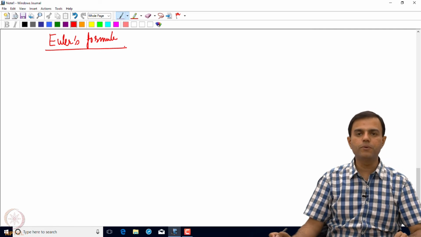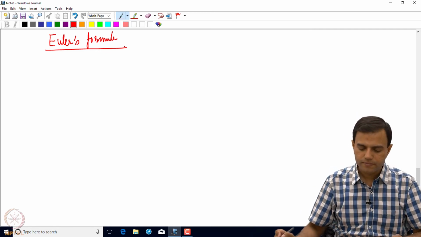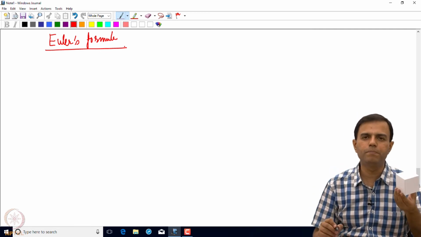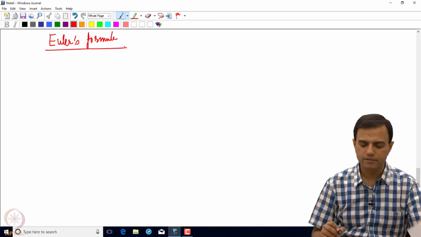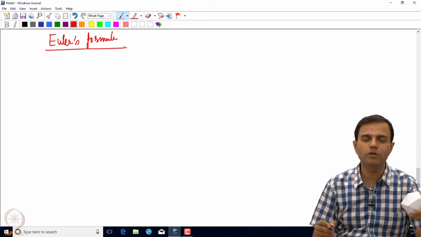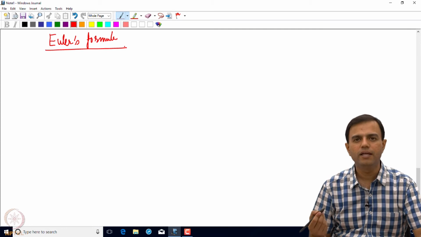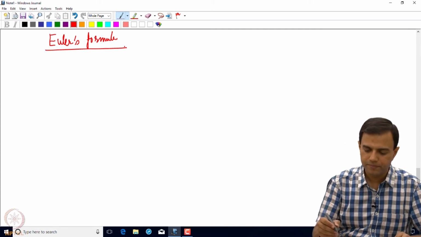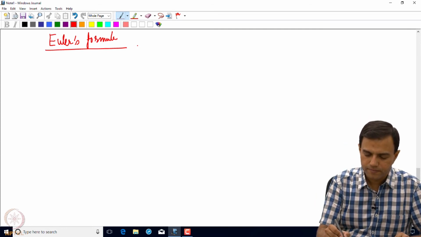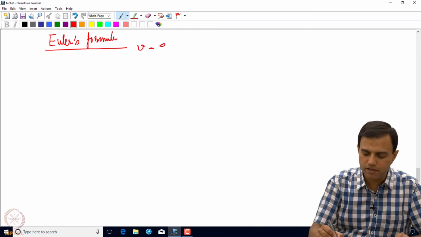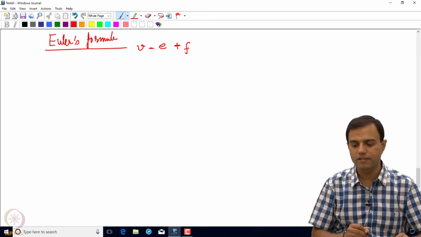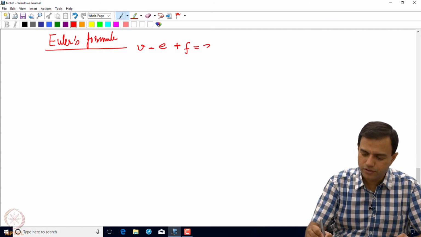Call it Euler's formula, which is: you take any closed shape like this, not necessarily uniform, not necessarily a Platonic solid, you take any closed shape, then number of vertices minus number of edges plus number of faces is a constant, it is actually 2.